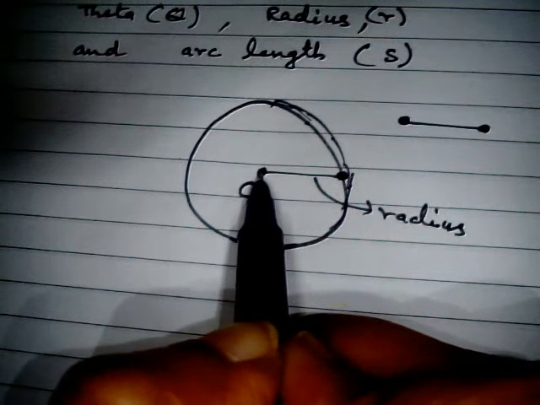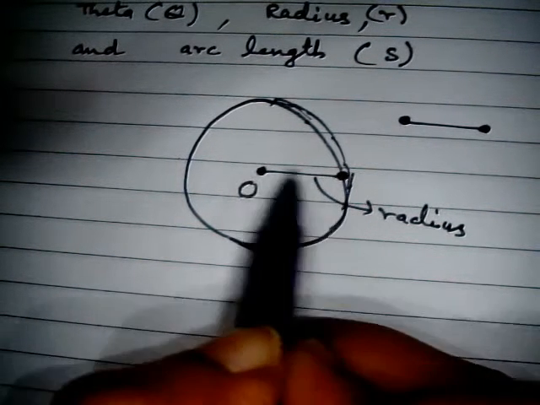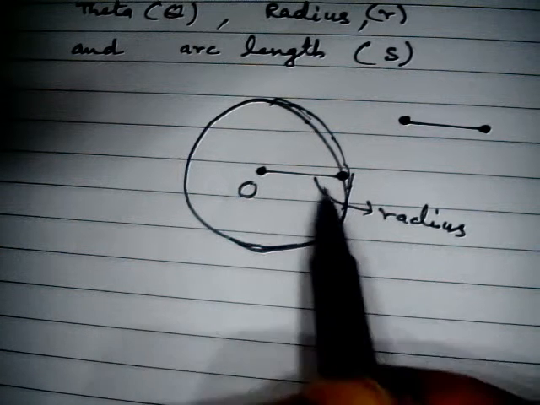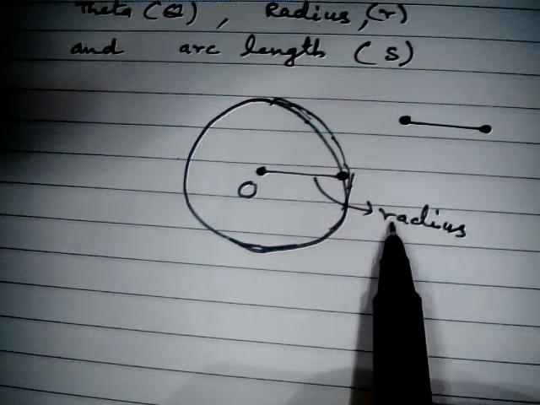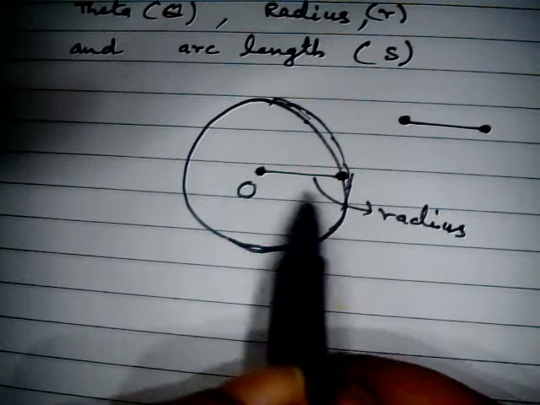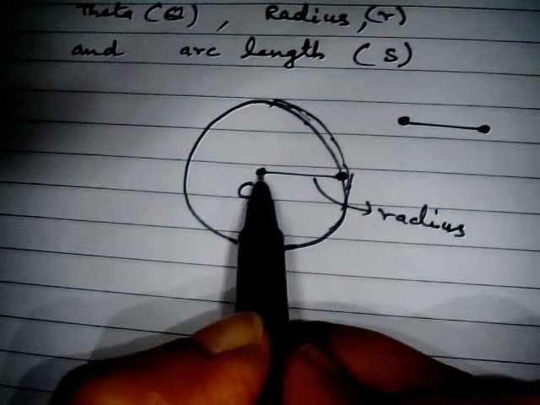So this line segment for the circle is known as a radius, because one end point lies on the center and one end point lies on the boundary of the circle.